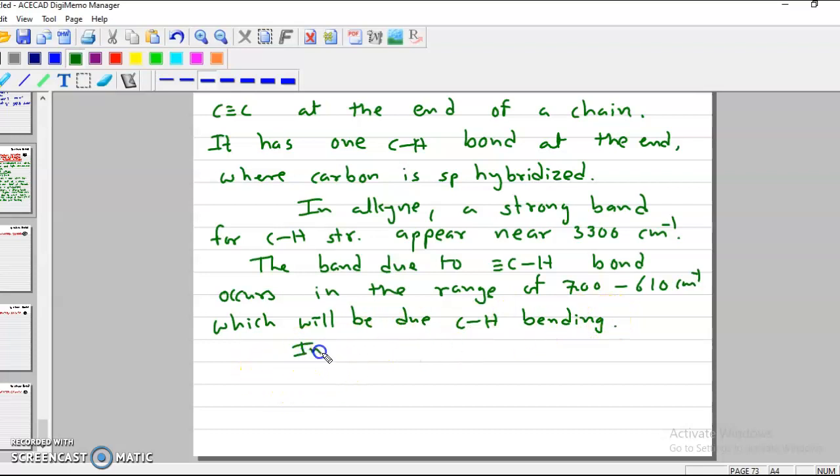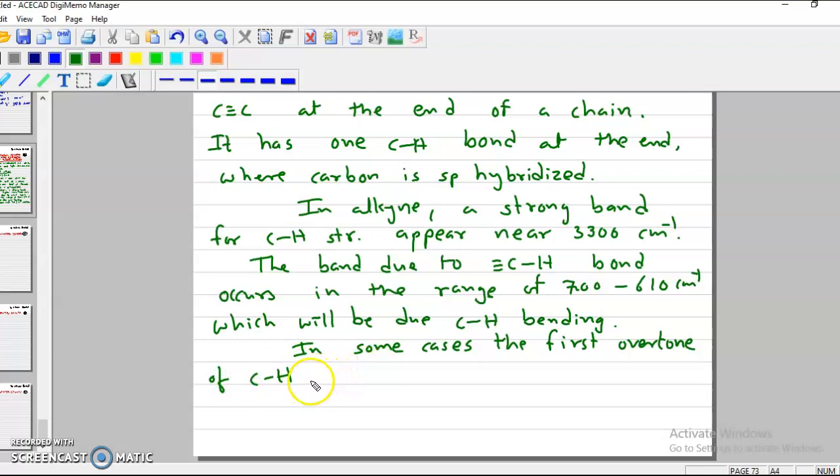In some cases, the first overtone, you know what overtone is, which I have already explained in previous lectures.